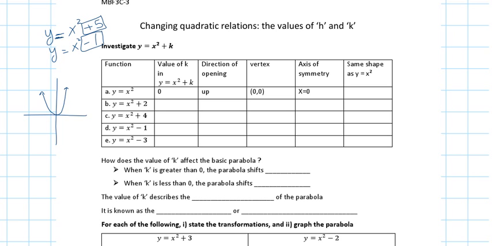What's the value of k in C, x squared plus 4? What's the value of k in D? -1. And what's the value of k in E? -3. Do we identify the value of k here? Let's take it to decimals and graph to investigate what happened when I add these things.